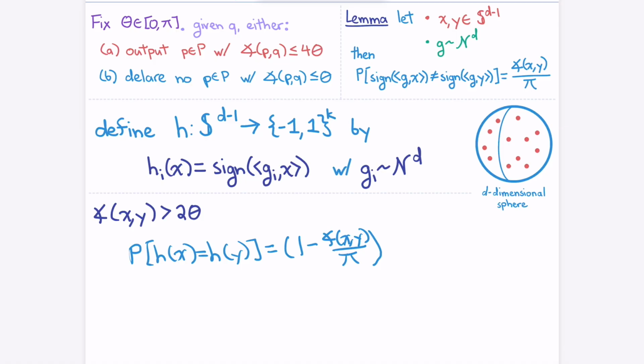And then it's to the power k, and we can use it right now: angle xy over pi, times k.